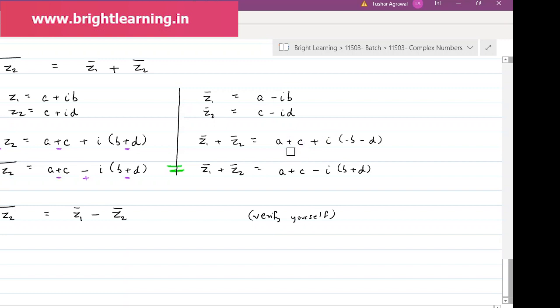The corrections that I'm doing in purple are not visible properly, so do it yourself, it will be visible.